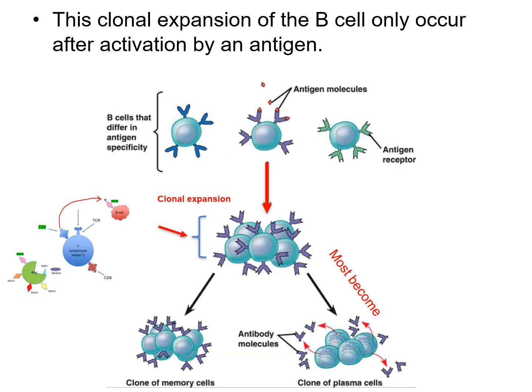This clonal expansion of the B cell only occurs after activation by the antigen. That glove had to obtain a ball. It had to obtain an antigen or an epitope in order to create the hybridization in order for it to be activated.